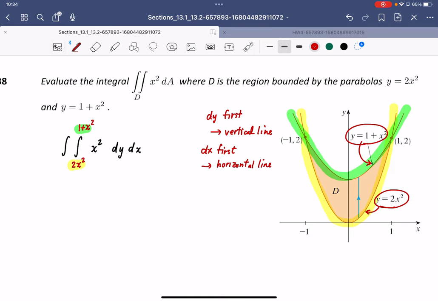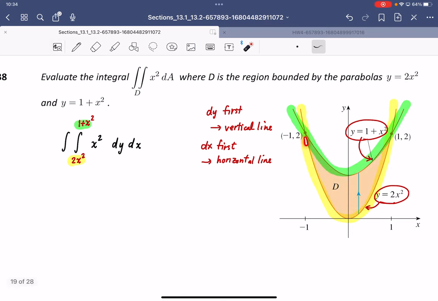Make sense? For every single x value that you are considering, you're doing the cut from bottom to top, bottom to top, bottom to top. And every time you do the cut, the bottom curve is the yellow one, and the top curve is the green one.